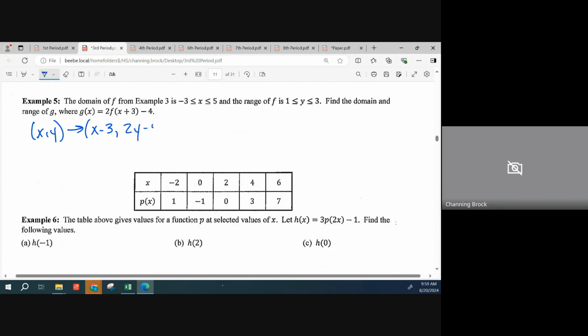And then down 4. Okay, so if I want the new domain, since domain is the x values, all I do is apply this function rule to those values right here in the original domain. So the new domain just is going to transform the same way all the points transform. So what's the new domain?